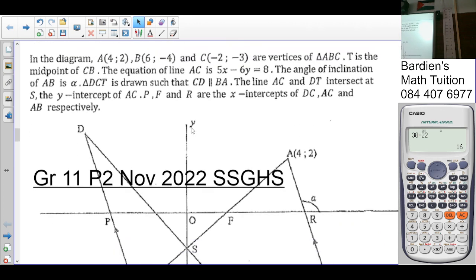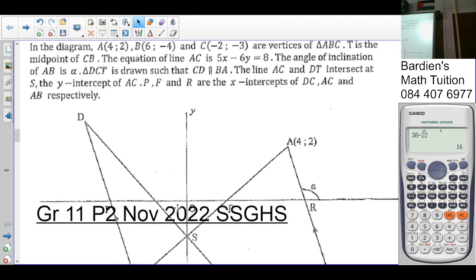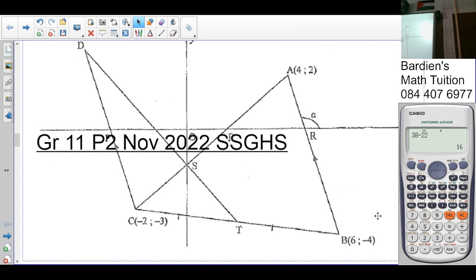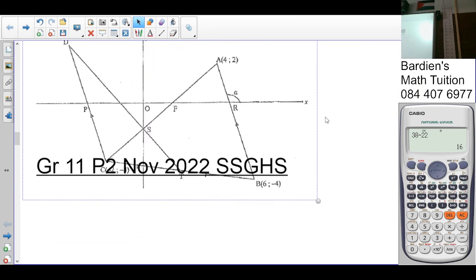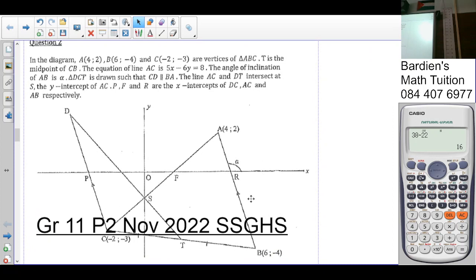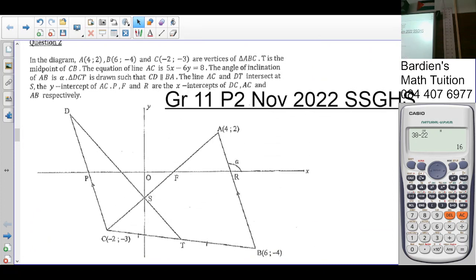People, question 2, in the diagram we need to make this way smaller. We are told that in the diagram A, which is (4; 2), B, which is (6; -4), and C, which is (-2; -3), are the vertices of triangle ABC.